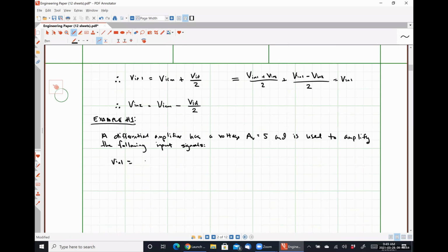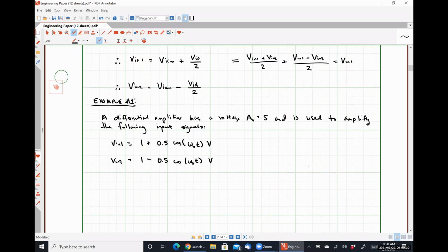VN1 is equal to 1 plus 0.5 cosine omega naught t volts, and VN2 is equal to 1 minus 0.5 cosine omega naught t volts. I want us to figure out what the input common mode signal is, the input differential mode signal, the output common mode signal, and the output differential mode signal. It's going to be real trivial, right?